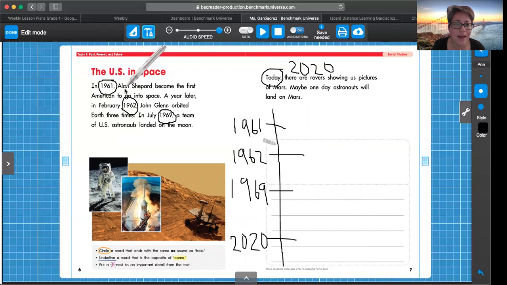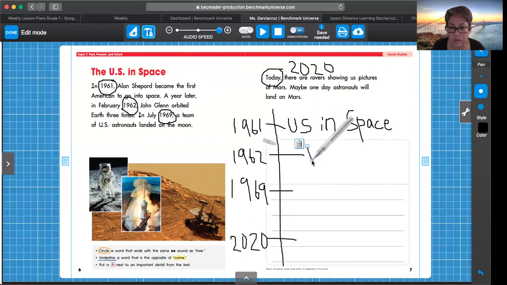1961, I look here, Alan Shepard became the first American to go into space. Now, I don't have a lot of room and this pen is tricky, so I am going to write it in a shorter way. I'm going to say US in space. There we go. And in 1962, I'm going to come back over here, February 1962, John Glenn orbited Earth 3 times.